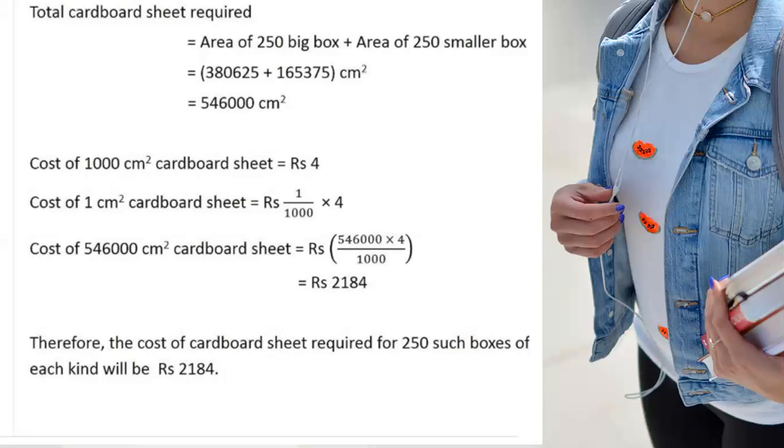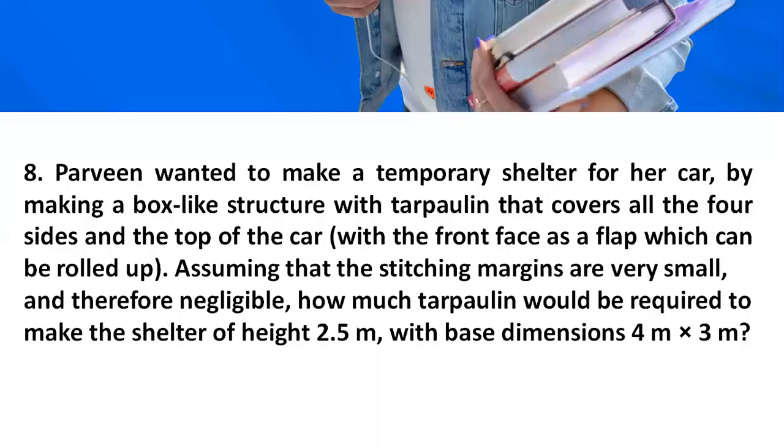So the cost of 546000 centimeter square cardboard sheet is equal to 546000 into 1 by 1000 into 4, which is rupees 2184. Therefore, the cost of cardboard sheet required for 250 smaller boxes and 250 bigger boxes will be rupees 2184.